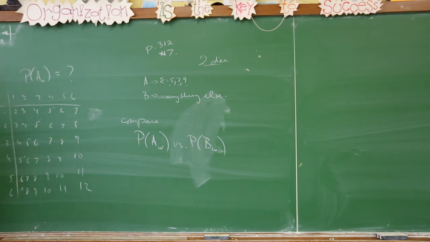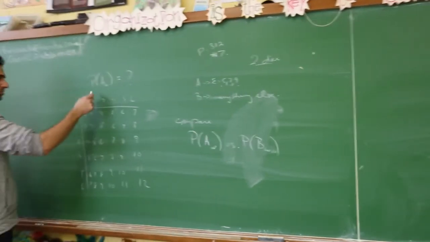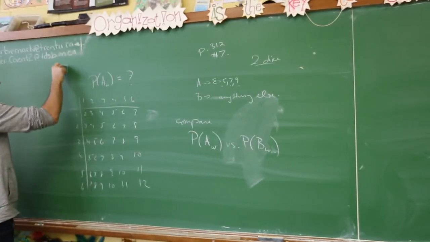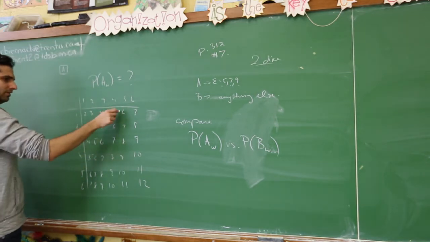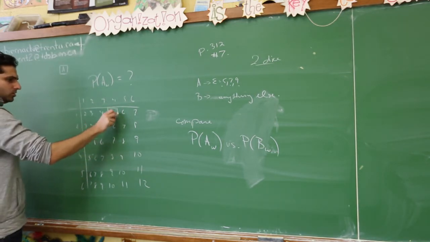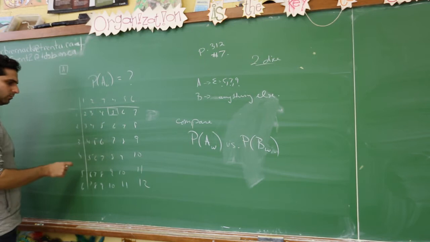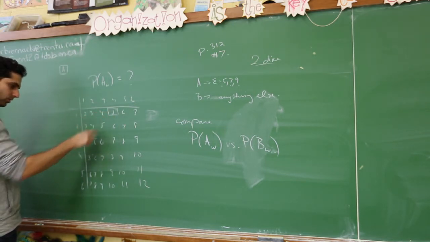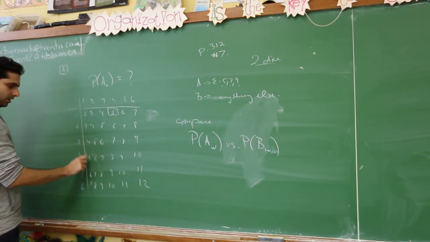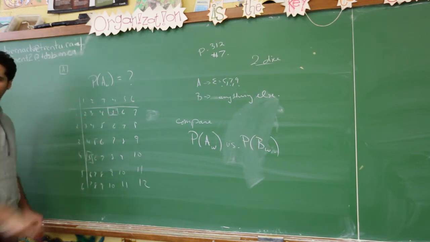So how many ways can you achieve a sum of 5? Let's do squares for A. To achieve a sum of 5, there's a 5, and how did you get it? 1 and 4. But of course, you'll notice this one, 4 and 1. Are those 2 different physically possible outcomes? Yeah.